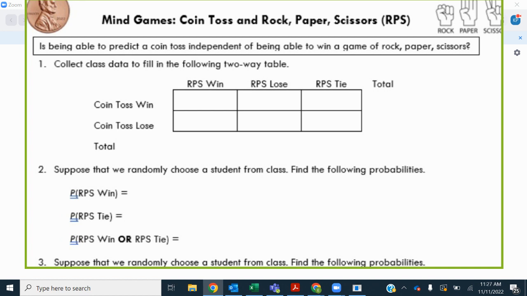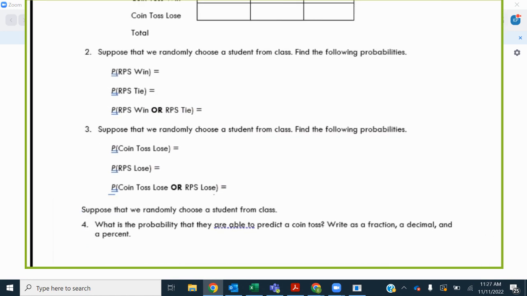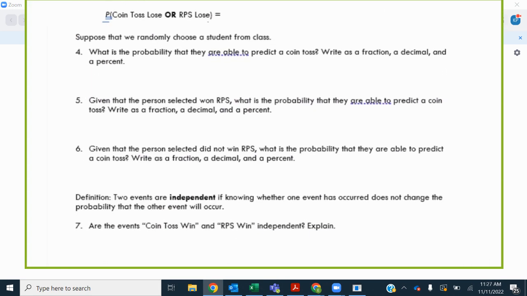Now, mind games, you have to be able to do this with a group of people. So if you're watching this video and you're at home, then you'll just want to fill in the class data from the next page. So I'll just zoom in so you can only see that. And then once you fill in that class data, you're going to go ahead and answer 2 through 7.